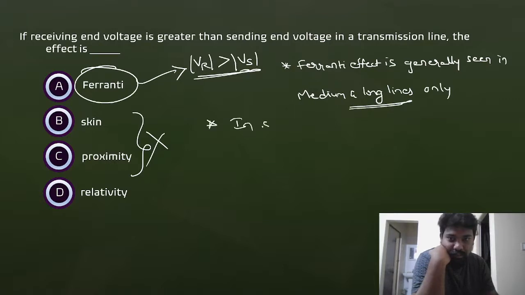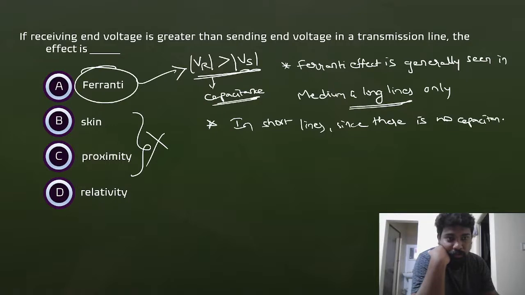In short lines, what is the reason for the Ferranti effect? Capacitance. So in short lines, since there is no capacitance effect, the Ferranti effect is absent. These are some of the important points corresponding to the Ferranti effect.